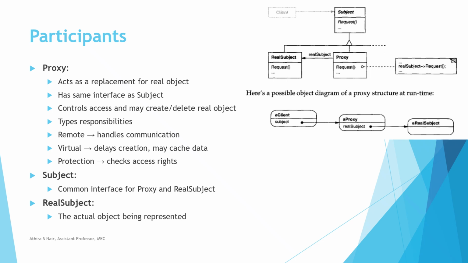And subject defines the common interface so that a proxy can be used anywhere a real subject is expected. And the real subject defines the real object that the proxy represents. So proxy forwards request to the real subject when appropriate, depending on the kind of proxy.